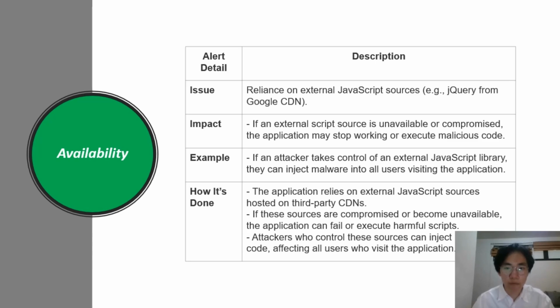Attackers can take over this resource and inject bad scripts to all the visitors, which affects how available and safe the system is. To lower this risk, it is suggested to use locally hosted JavaScript resources as much as possible, and set up subresource integrity checks to make sure of the integrity of external resources.